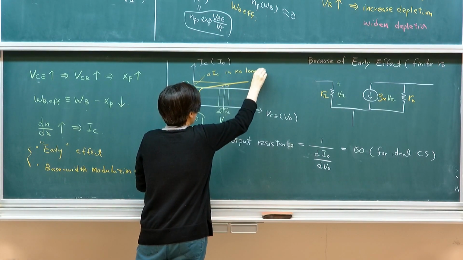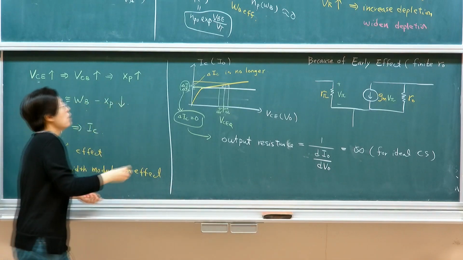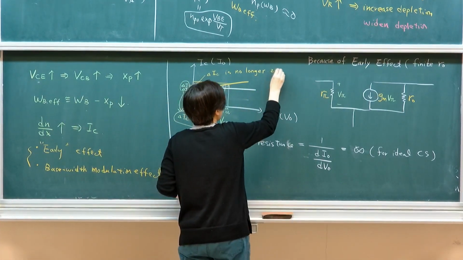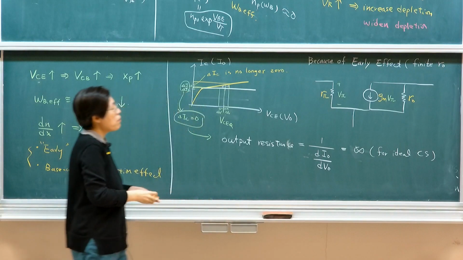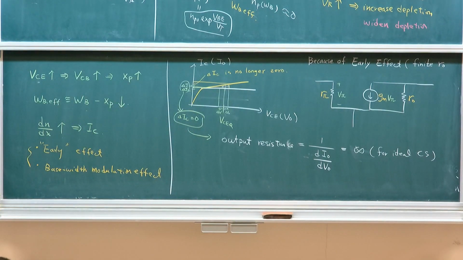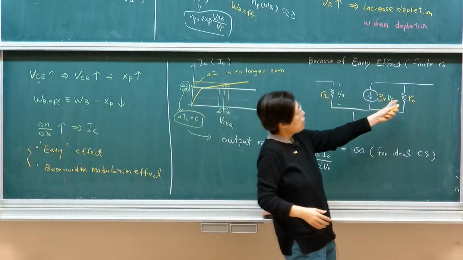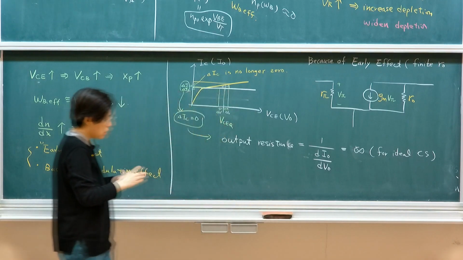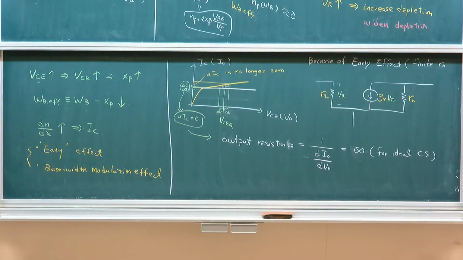That's the very, very important difference. Because in the previous case, if we don't consider base width modulation, because of the flat line, you don't need to include this in your model. But now, because of the finite resistance, it needs to be included, and it has significant impact on determining transistor amplification factors.